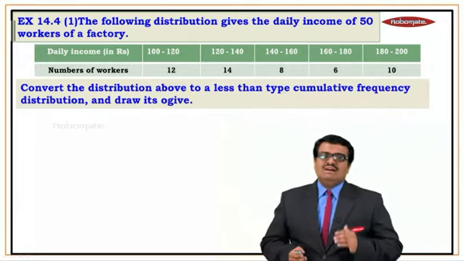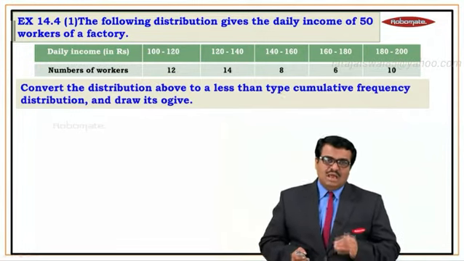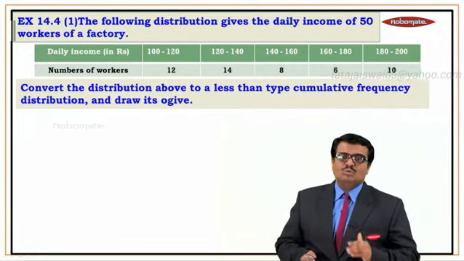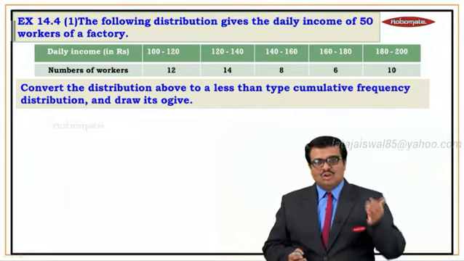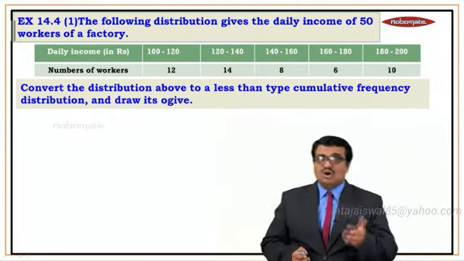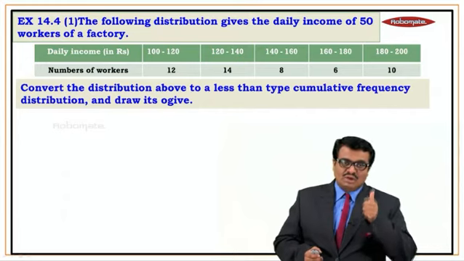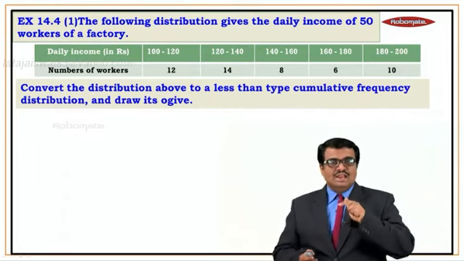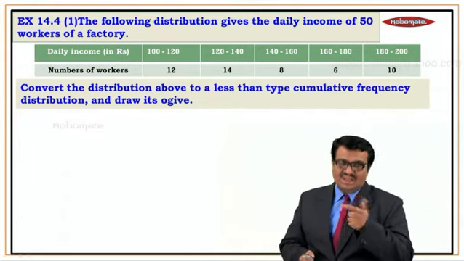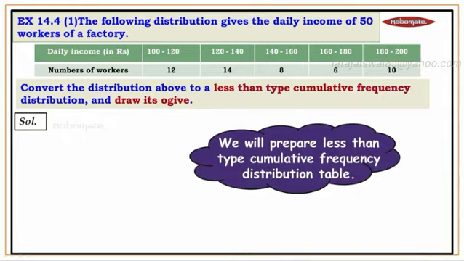Convert this distribution to less than type cumulative frequency distribution and draw its ogive, that is, draw the curve. First we have to convert this distribution to cumulative frequency less than type, and then we have to draw the ogive curve for it.